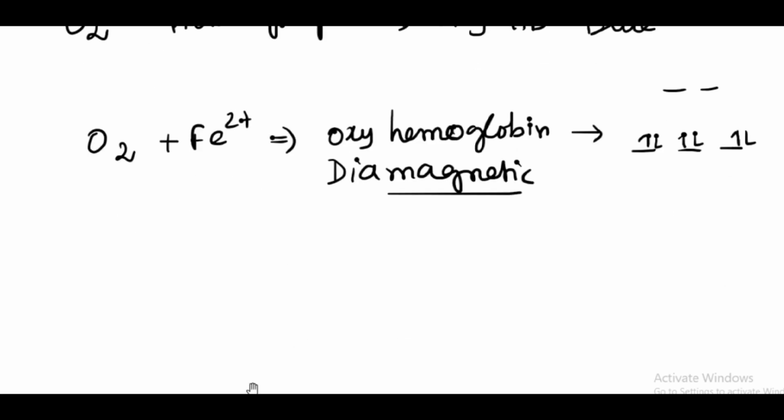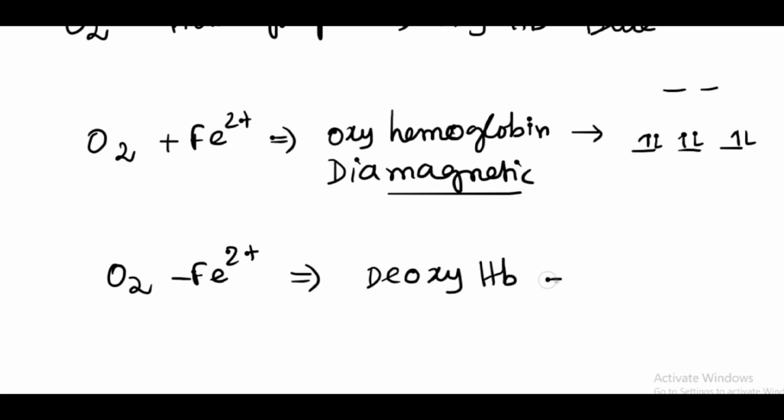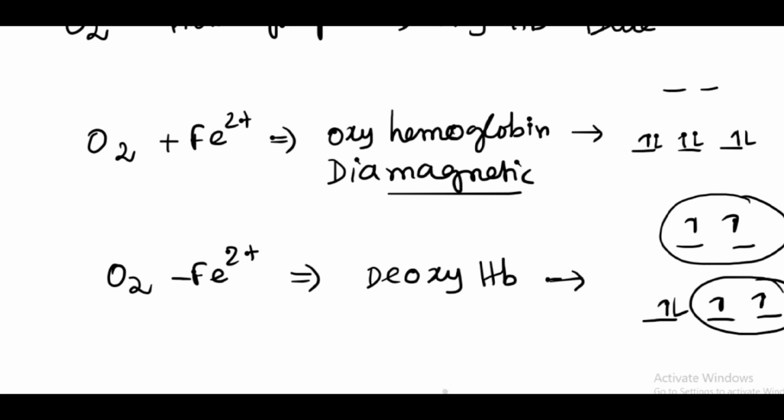But in the case of the absence of the oxygen molecule, it is known as deoxyhemoglobin. In the absence of oxygen, the extra electron can be accommodated in the eg level, and moreover there are 4 unpaired electrons. Since this deoxyhemoglobin system contains more unpaired electrons, it is paramagnetic in nature.